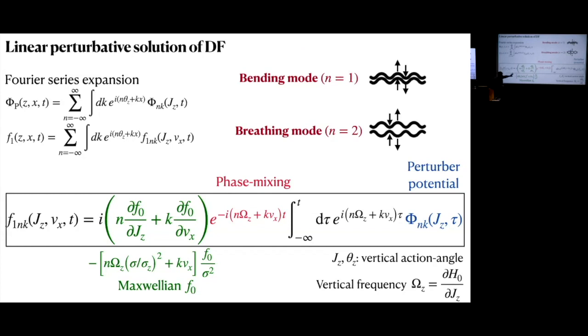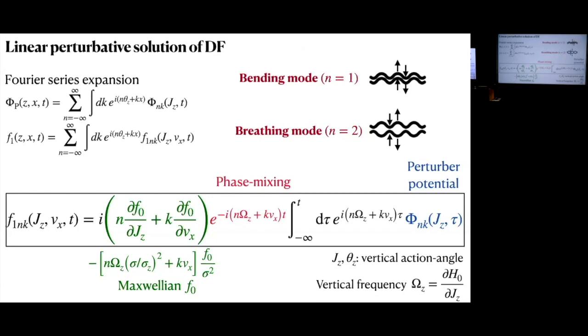But I am going to draw your attention to some terms which will hopefully give you some insight. The term in blue is the perturber potential, which is forcing the perturbation in the distribution function. We are going to have to integrate that over time once you specify the time dependence of the perturber potential. But the most important term, I think, is the one shown in red, which is a phase mixing term, because it is an oscillating term, going as e to the i omega z times t.